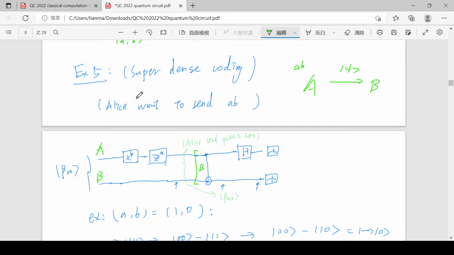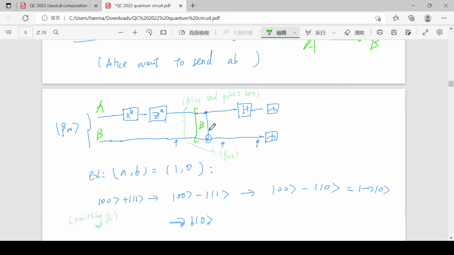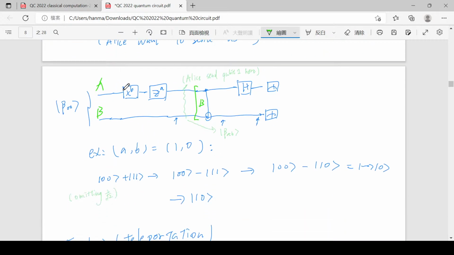If Alice wants to send this 1, 0 bit string to Bob, what she will do is apply the X to a 0 because B equals 0 and Z to the 1. So the only thing Alice does is apply a Z on her qubit. So Z on 0, 0 plus 1, 1.